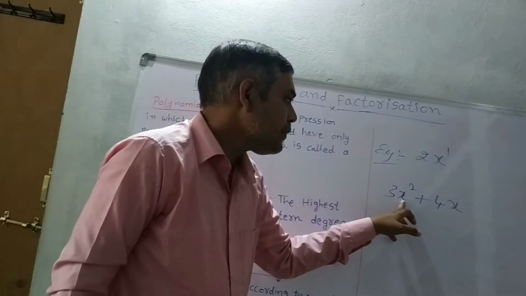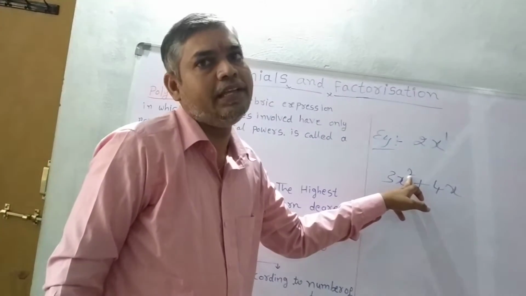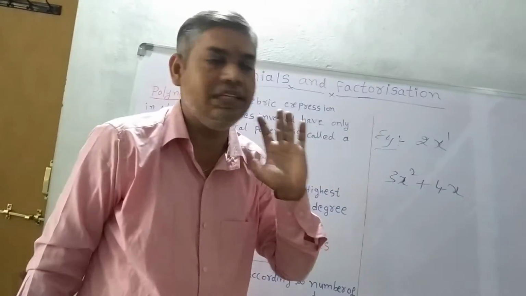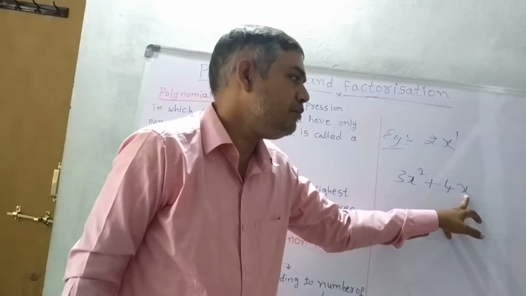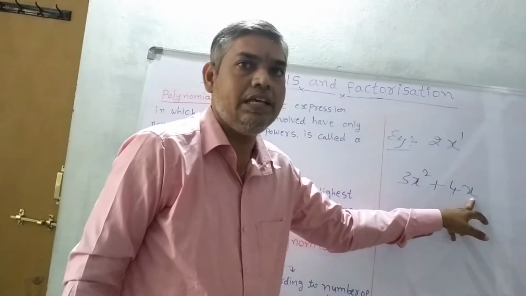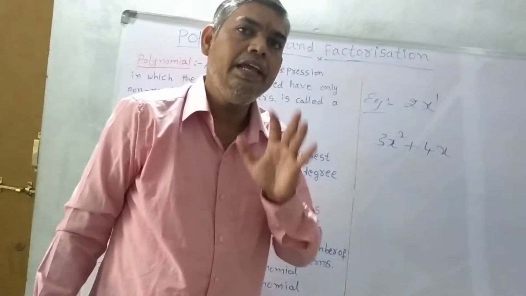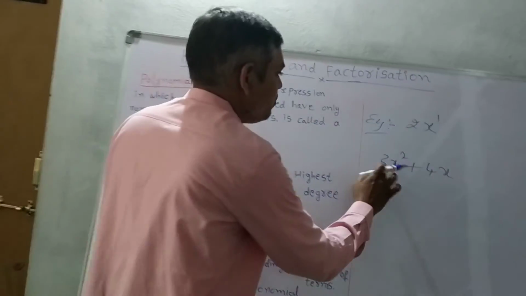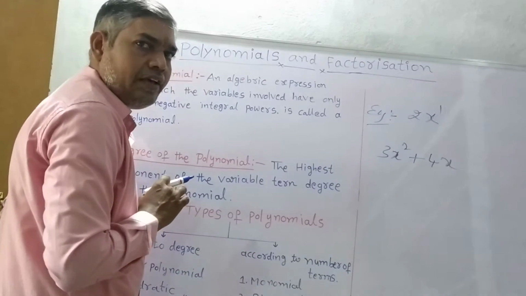The power of x in the first term is 2, a non-negative integer, and in 4x the power of x is not mentioned, which means 1, an integer. That's why 3x square plus 4x is a polynomial according to our definition.